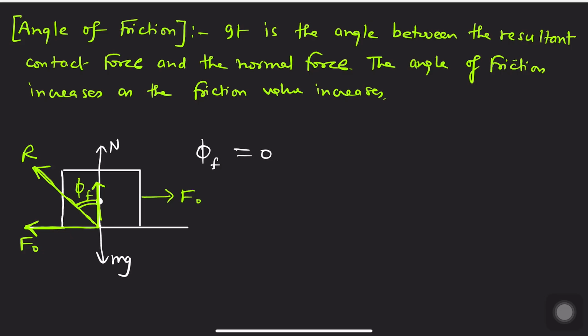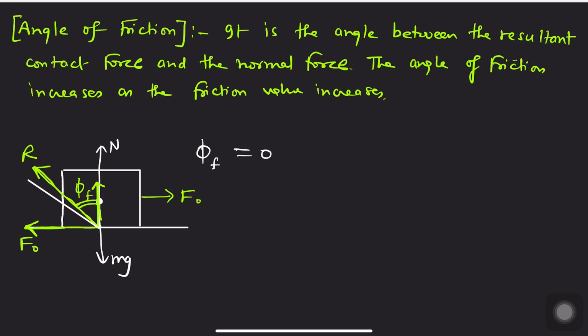Now what I am saying is that if the friction is increasing, how will it increase? If you increase the f naught value. This is the initial position of the angle of friction, and it will increase up to the point where the friction reaches its limiting value.